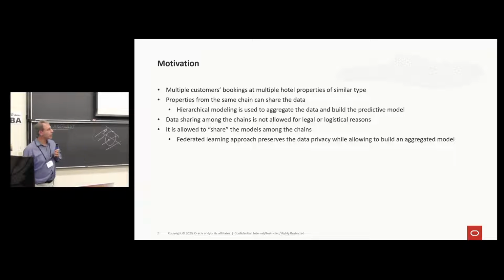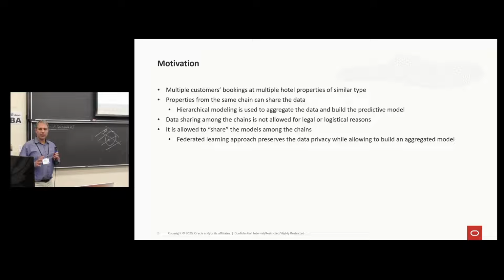The idea is that we have multiple customers booking at multiple hotel properties, and those hotel properties are similar. So we want to aggregate, to pull those observations together, but we also need to be conscious of two things.